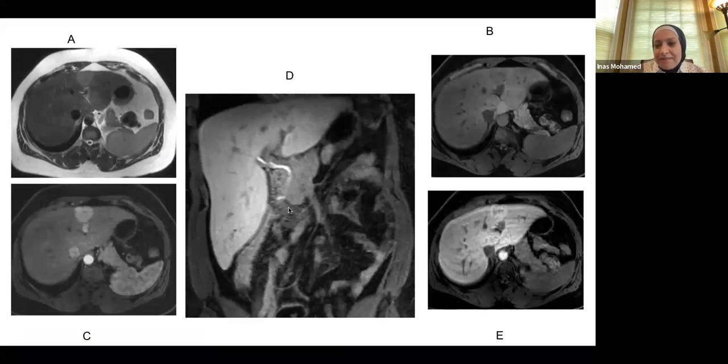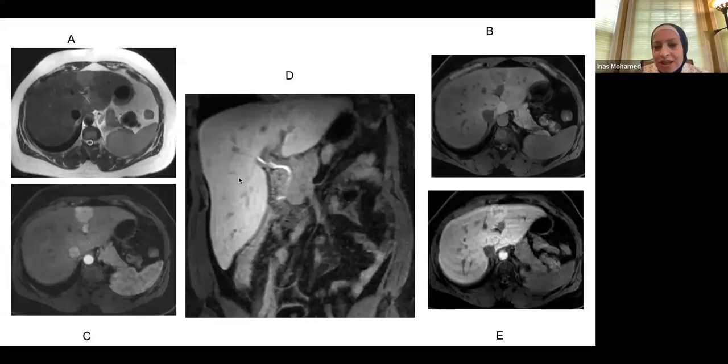So this is T2, a little bit hyperintense. In the arterial phase, it's very enhancing, and I understand why some would call it hepatocellular carcinoma or even an adenoma, but that contrast is actually Eovist. So what did this lesion do on the hepatobiliary phase, which is actually 20 minutes?